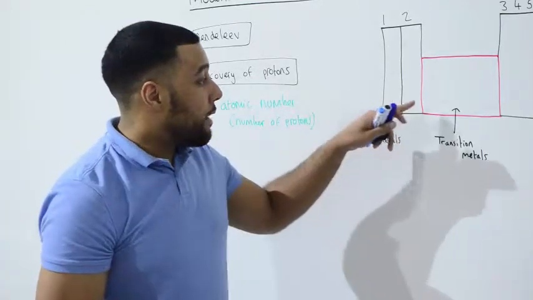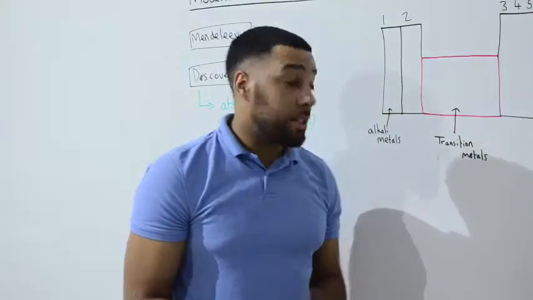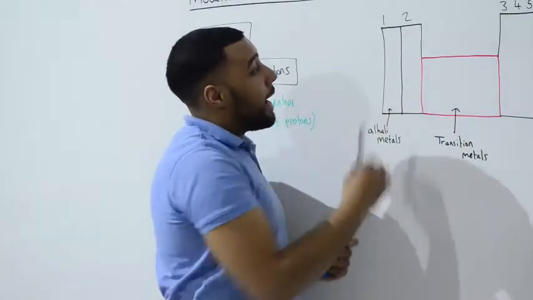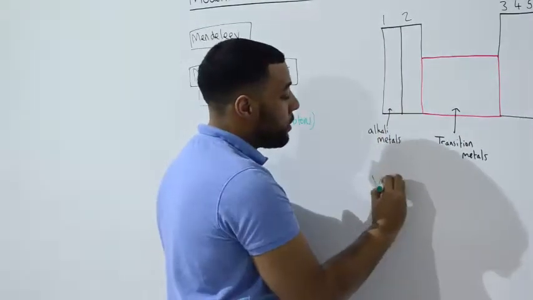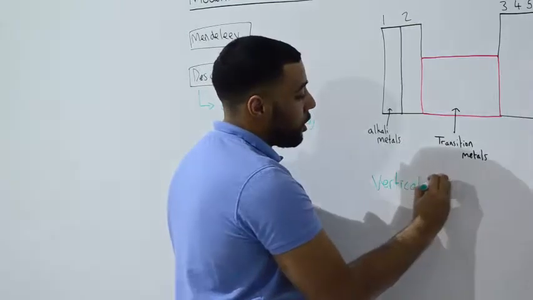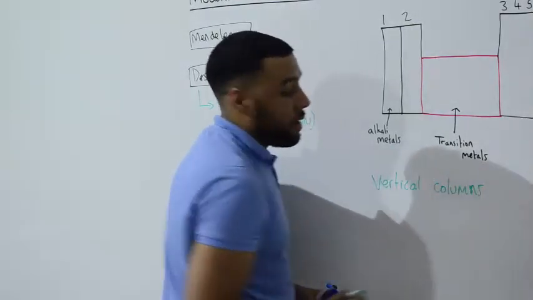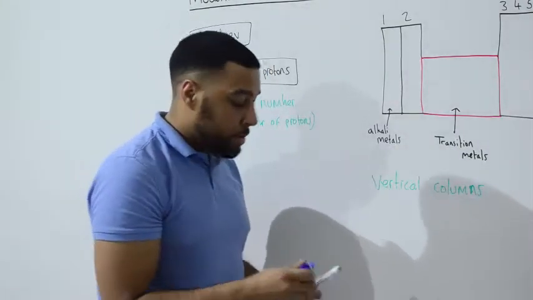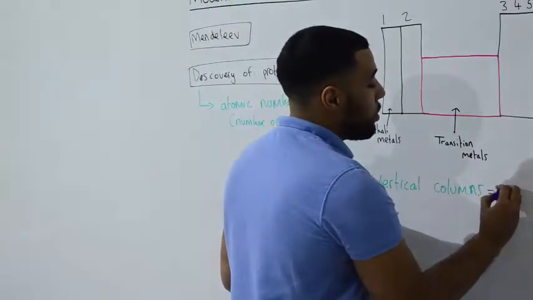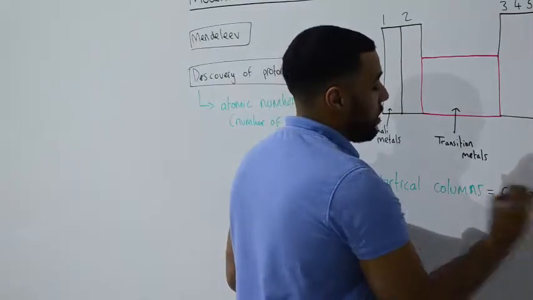And if we look at the modern periodic table today, you can see that we have these vertical columns. And these vertical columns are called groups.